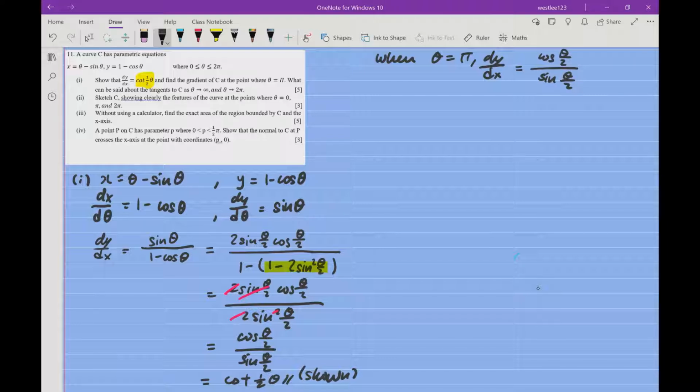Some of you might be wondering, how come I'm converting dy dx back into cosine theta over 2 over sine theta over 2? It is because your scientific calculator cannot press cotangent. There is no cotangent function. All right, so no choice, you have to convert back. This will give you 0 over 1, which is just 0. So we are done with the gradient of C at the point theta equals pi.